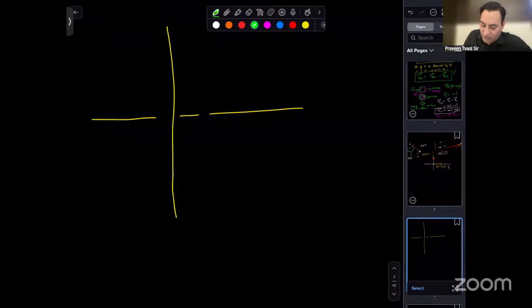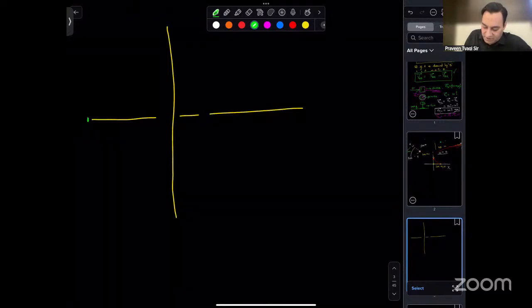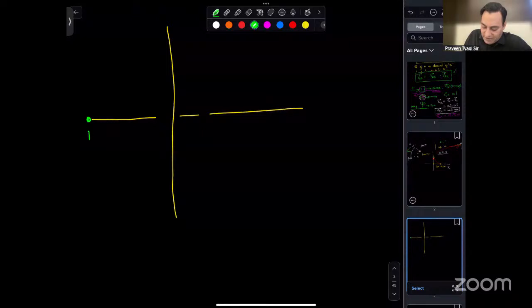The man moving along the x-axis is here. He is at a distance of 1 kilometer from the origin, and he is moving in this direction with a velocity of 100 meters per second. I'm going to keep the values simple so that calculation is easier.